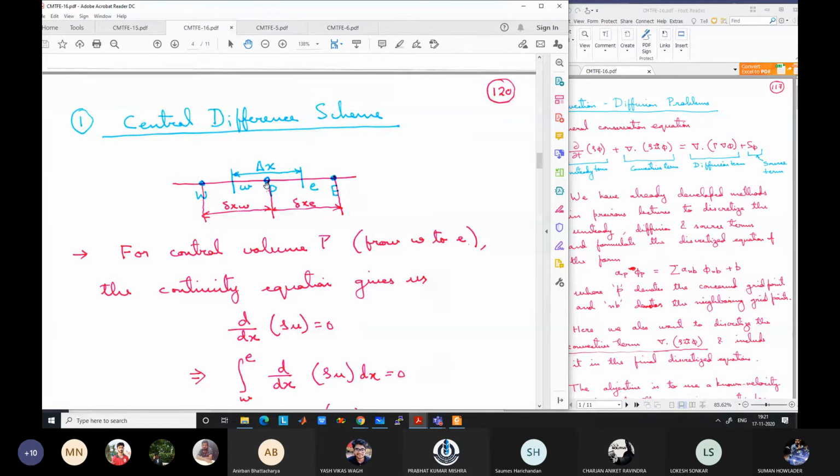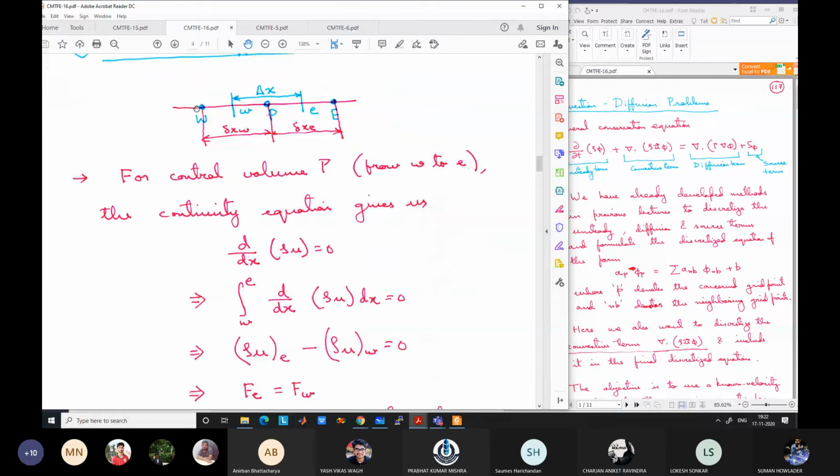Its adjacent grid points are capital W on the west side and capital E on the east side. The distance between the grid points on the east side is small delta x_e, and on the west side is small delta x_w. So this is our standard notation.